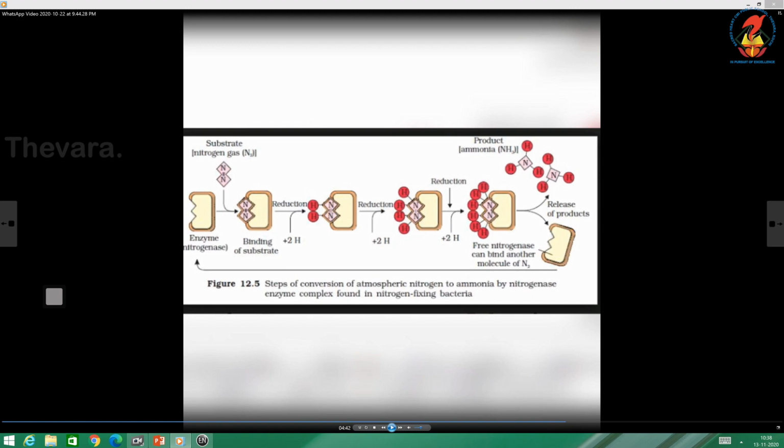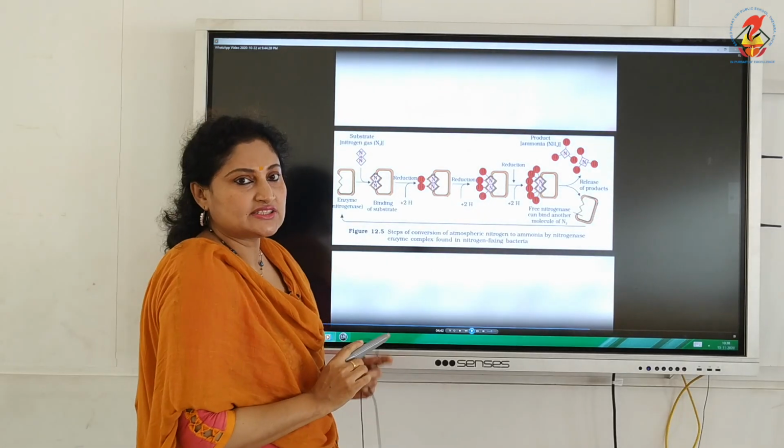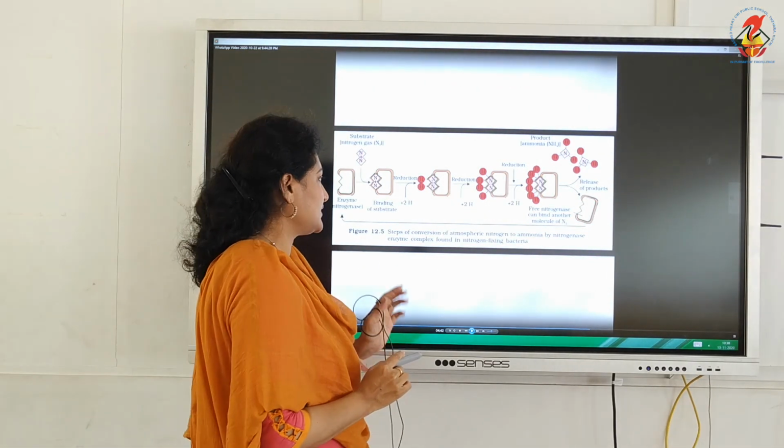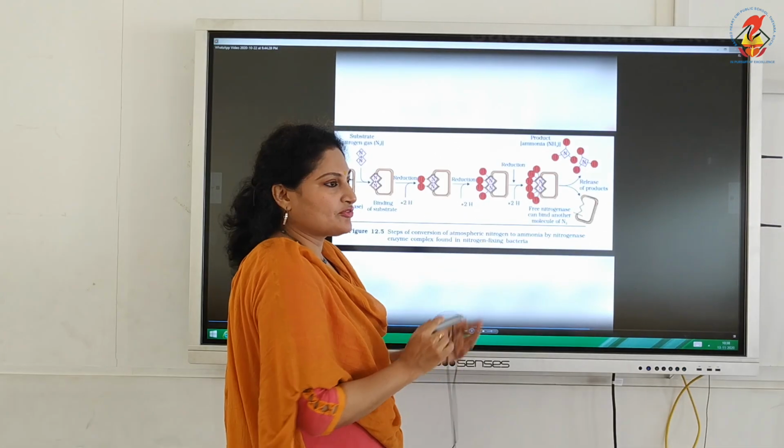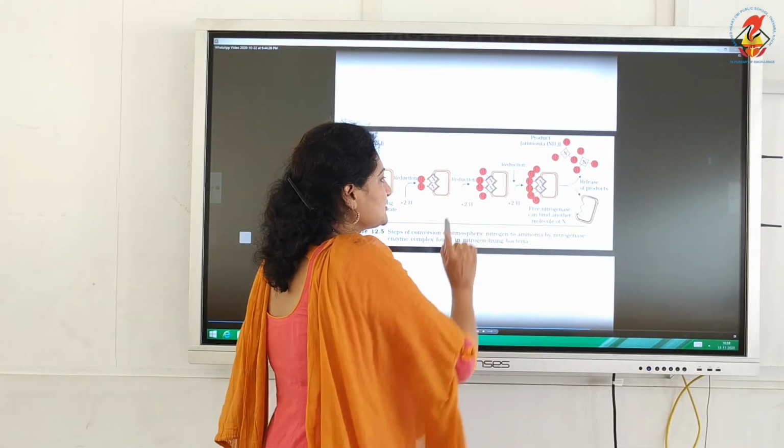When two hydrogens are added to the triple bond, one bond between the nitrogens weakens or breaks, and the nitrogen binds to the hydrogen. So each nitrogen is bound to one hydrogen. Next, in the second step of reduction, another two hydrogens are added.